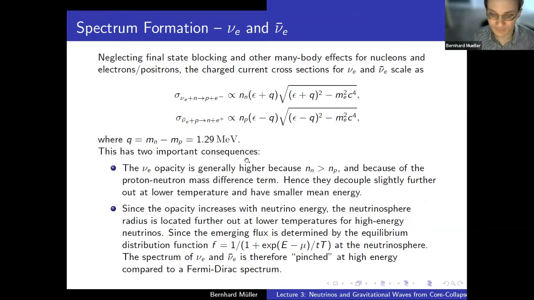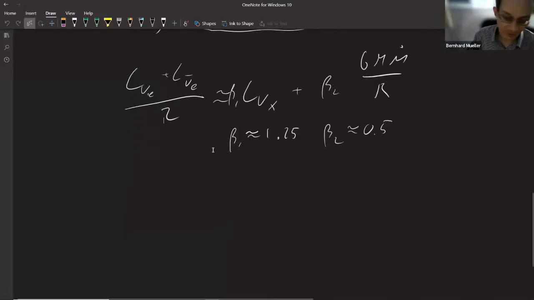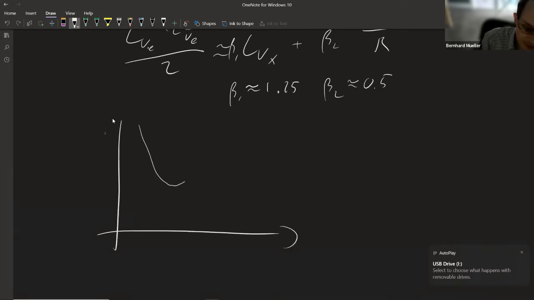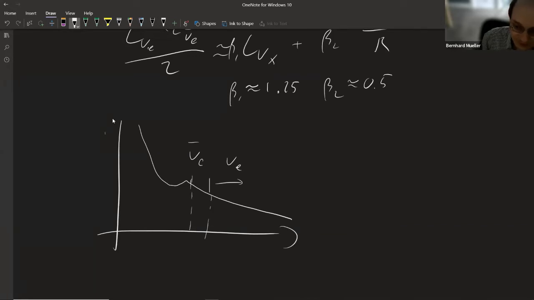So as a result, this means that the electron neutrinos have higher opacity, and that means that they actually decouple further outside. Now, this has one important consequence, because if you have only a slight temperature gradient in this cooling region, and the ν_e's decouple here, and the ν_e bars decouple here further inside due to higher opacity at higher temperature, then the mean energy of the electron antineutrinos that will come out will reflect the hotter conditions here, and they will have a harder spectrum, higher mean energy.